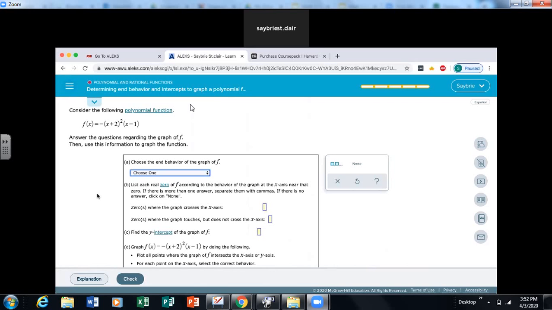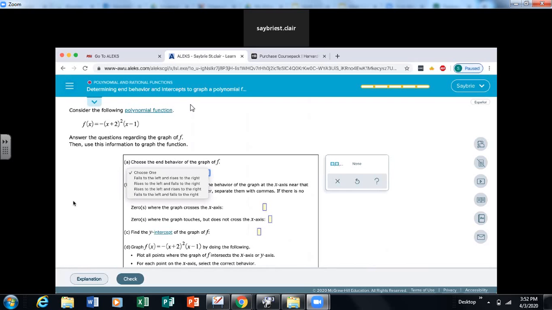So looking at this problem, it's negative, see that negative out front? So that means a to the n is less than 0. I have x squared because of that FOIL plus one more x, so that's x to the third. So this one is a to the n less than 0, and it is odd.